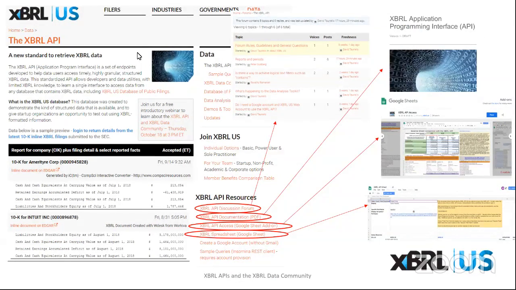Drilling down a little bit more into the right side navigation of that API page, we have a set of resources that are available in easy reach on either of these pages, the API page or the community page. Those resources include the discussion forum that I just noted, the documentation, which is really critical to complete understanding and a high degree of success with the API.